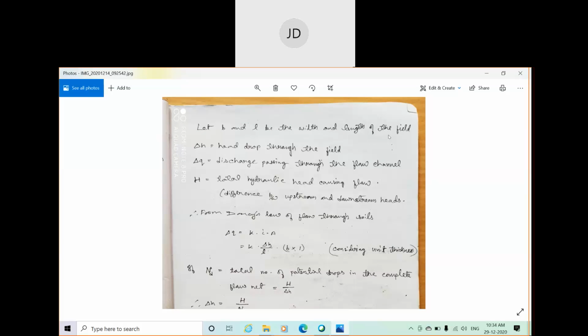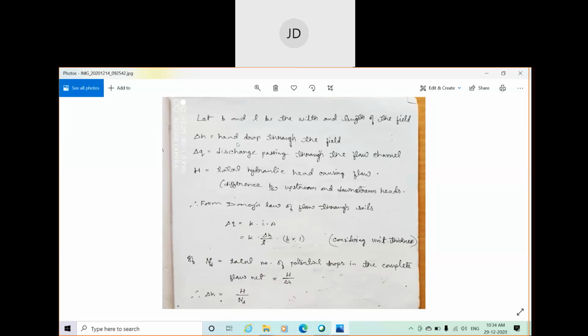So we already discussed the field. Let's assume B is the width of the field and L is the length of the field, and delta H is the head drop through the field. That means for an individual field, let's assume delta H is the hydraulic head.